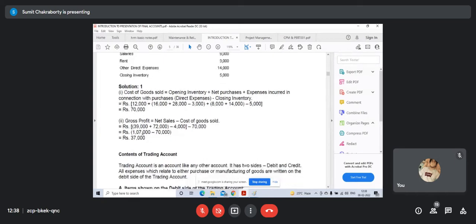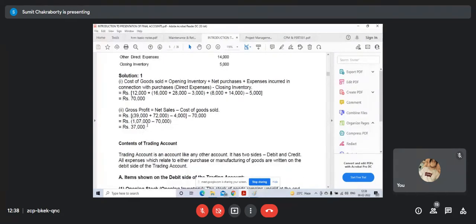So cost of goods sold: opening inventory 12,000, net purchase, cash purchase plus credit purchase less purchase returns, plus expenses incurred in connection with purchase, direct expenses 8,000 plus 14,000, minus closing inventory 5,000. So you get 70,000.